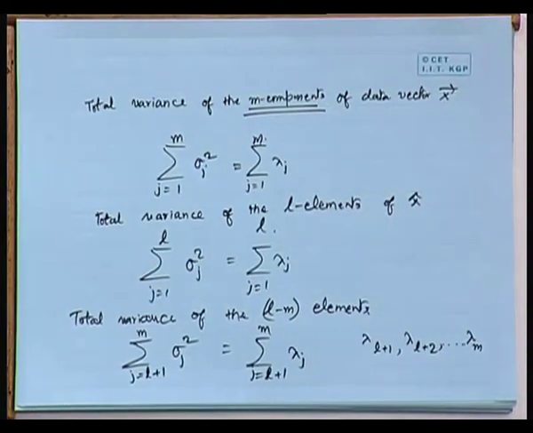So, whatever we chop off out of the L minus m terms, it will not be very correct to say that this is the total variance of the L elements of x vector. This is one and the same as L elements of A. In fact, we are considering L elements of A. And because we have chopped off the remaining elements of the A vector, the variance of that is also equal to summation of lambda j.